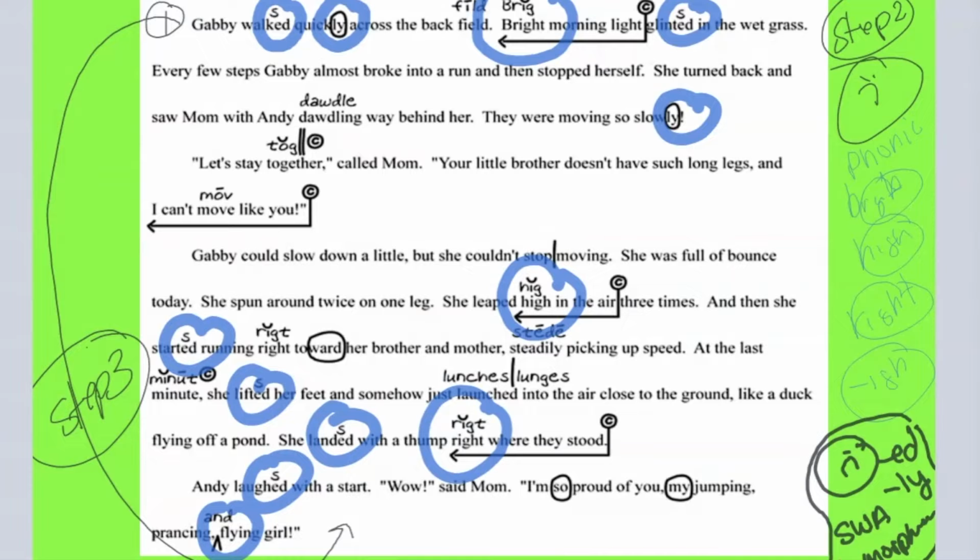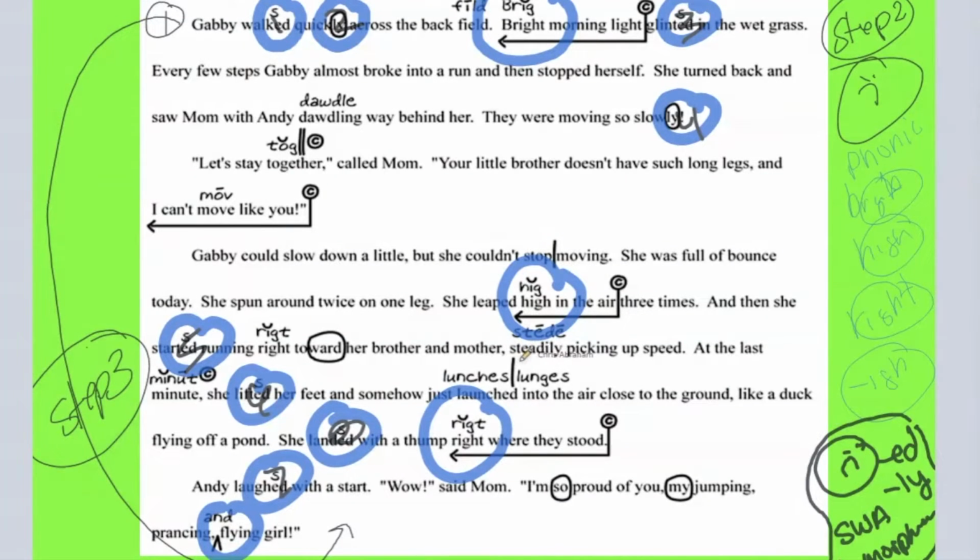Who sees all those examples? That is a ton of weakness there, right? Got like 1, 2, 3, 4, 5, 6, 7, 8. I'm sure there's more.